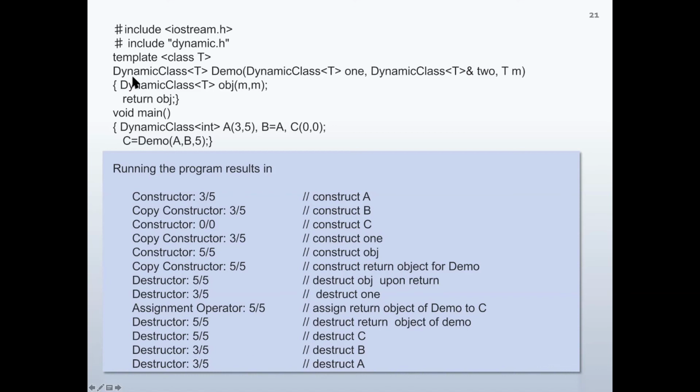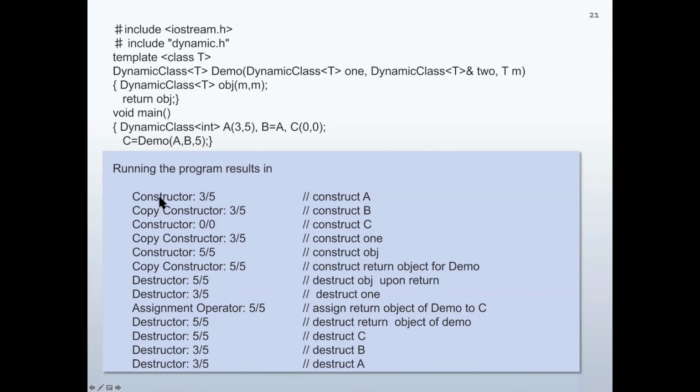And if you consider the return value from the function demo, the return object is created, which is initialized with obj. Because of that, here there is a call to the copy constructor. And whatever is returned is assigned to object C. So there is a call to the assignment operator here.